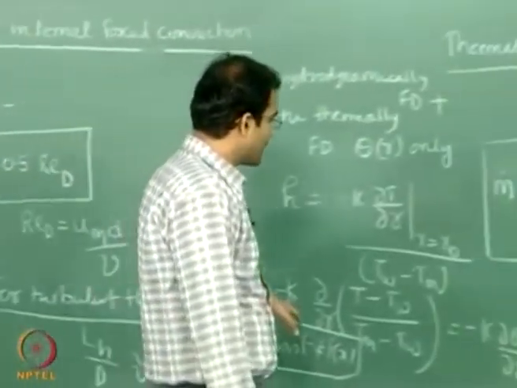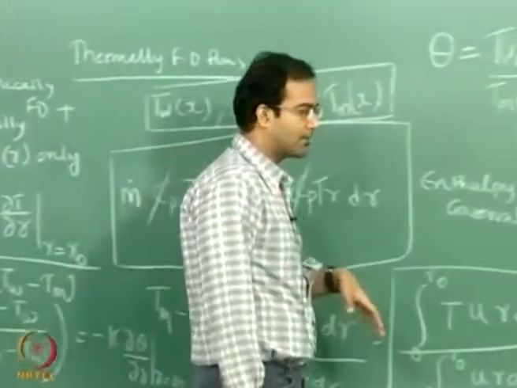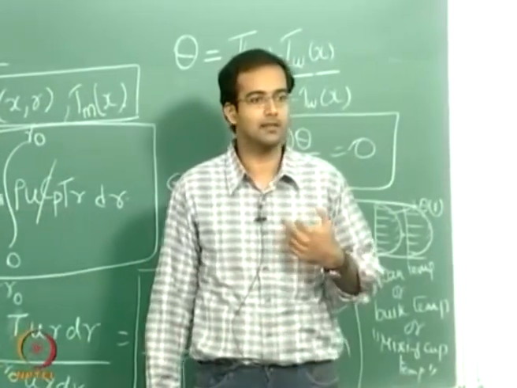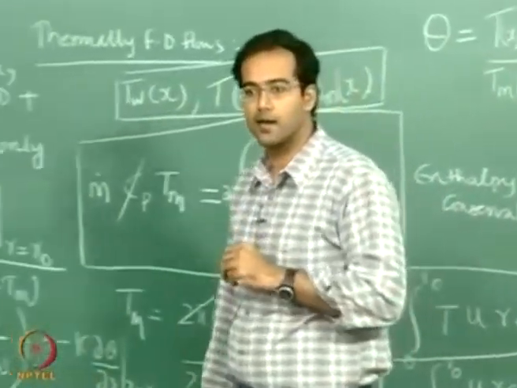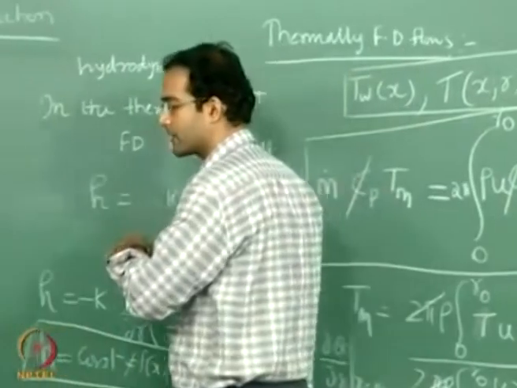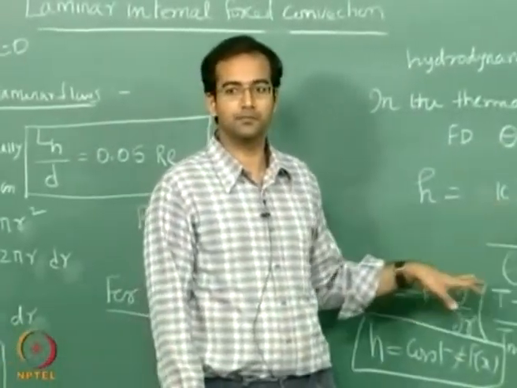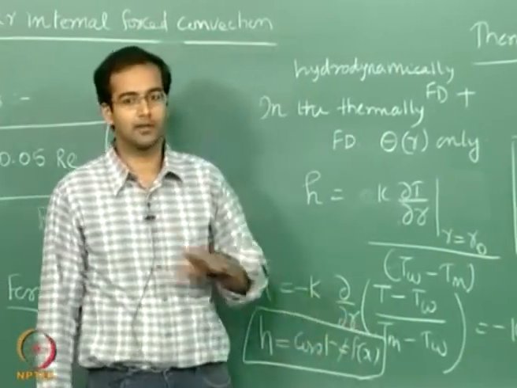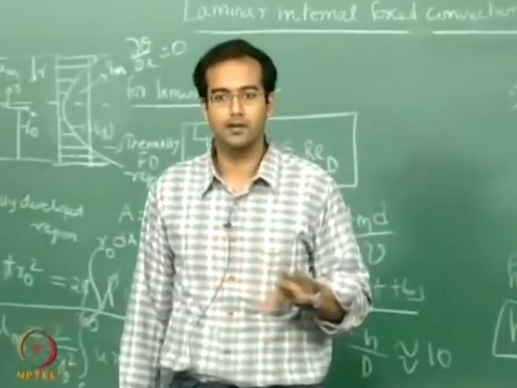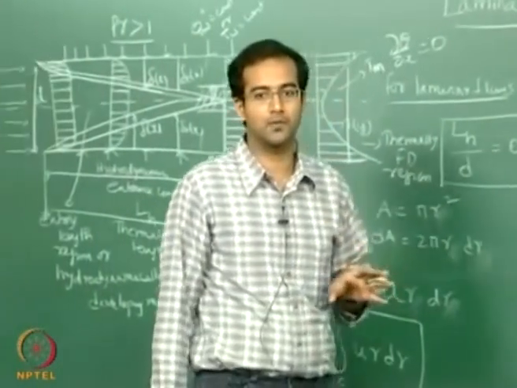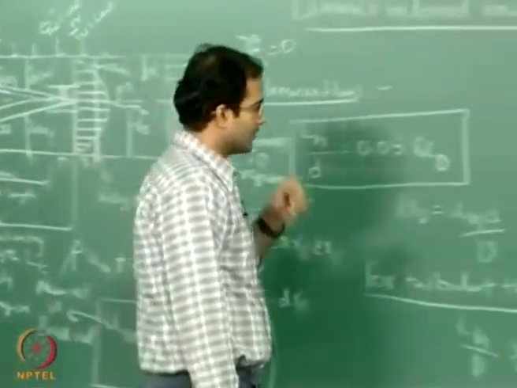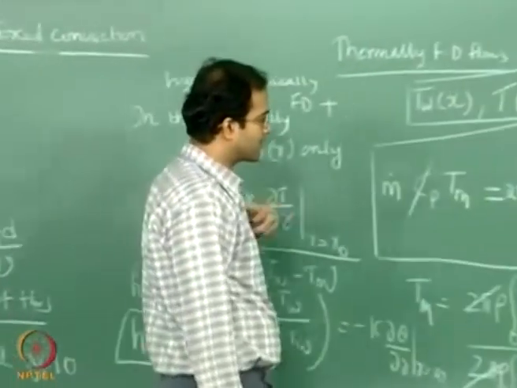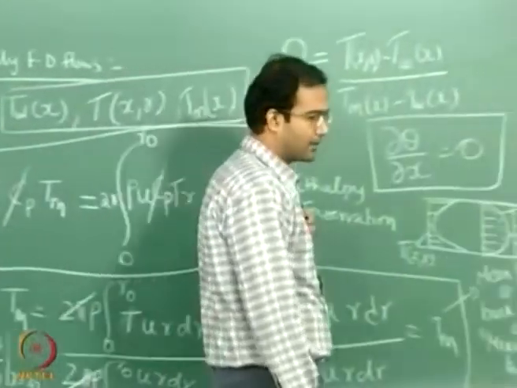This is a very important principle, and it doesn't depend on the boundary condition that you employ, whether it is a constant wall temperature or constant heat flux. We have not used any boundary conditions here. Irrespective of the boundary condition, your heat transfer coefficient is a constant for laminar internally fully developed flows.